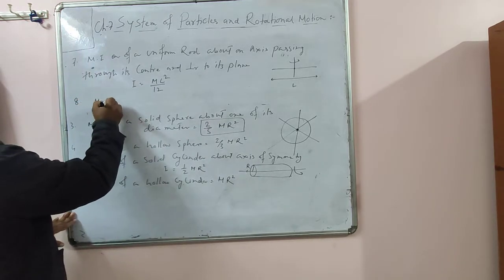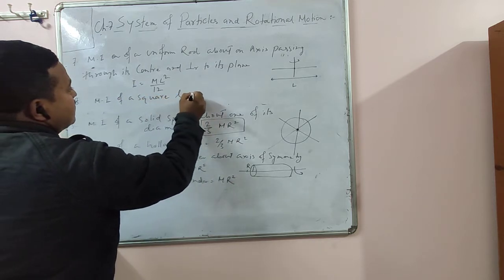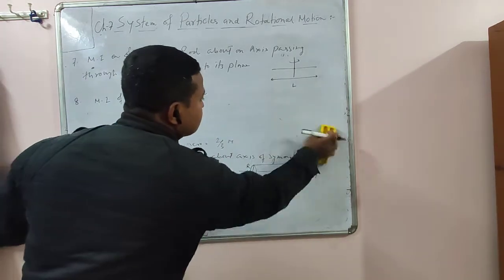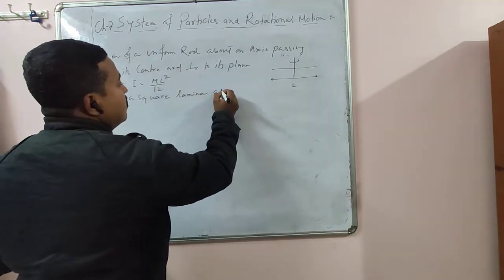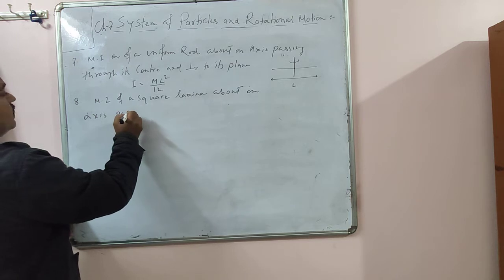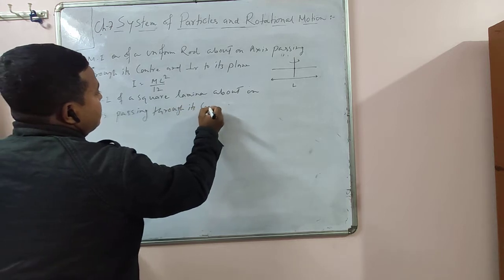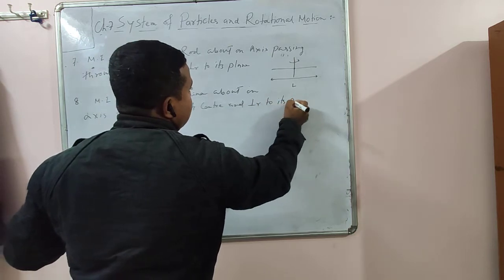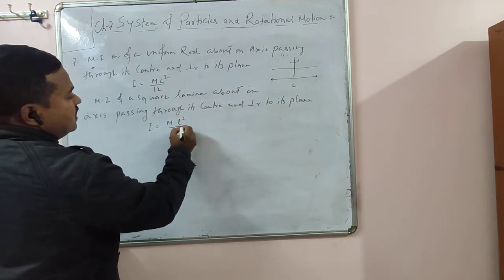Then you have the moment of inertia of a square lamina about an axis passing through its center and perpendicular to its plane, and that is given by ML square by 6.